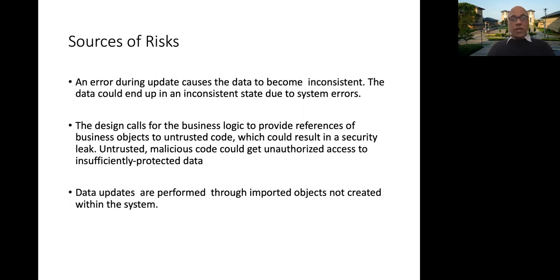We might have updated the book object to say that a particular member has borrowed the book. But before we can get to the member object, something happens, either because the program has a bug, or there is a memory error, or there is lack of resources. Something happens and the second update doesn't get done. Then the data becomes inconsistent and we need to recover the data.